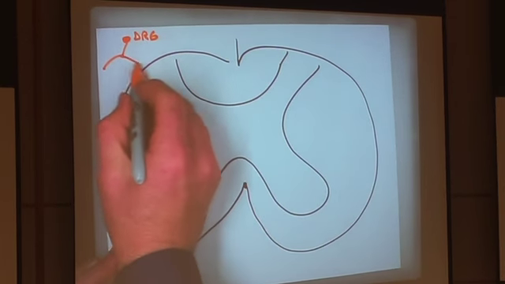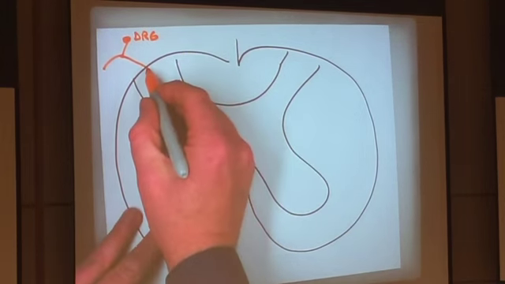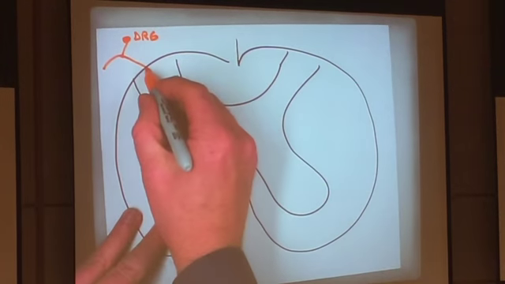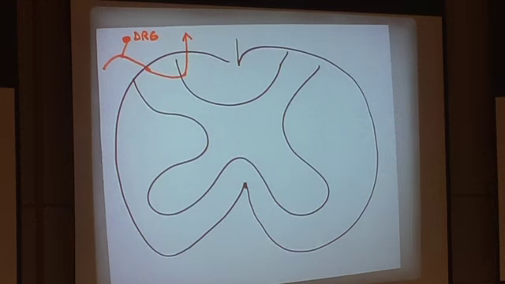The large myelinated fibers that convey vibration and proprioception come into the dorsal horn of the spinal cord. There's no synapse, and they ascend through the posterior columns.